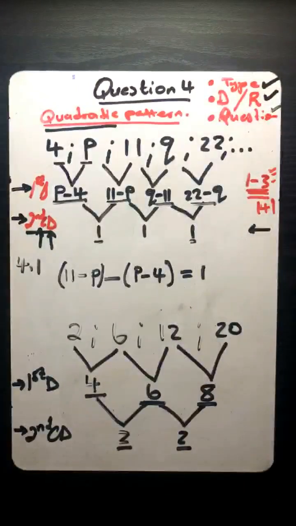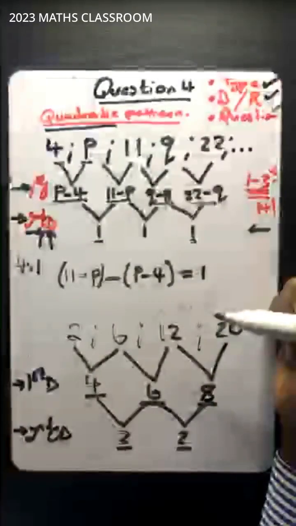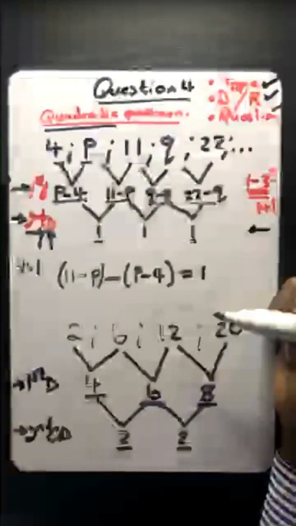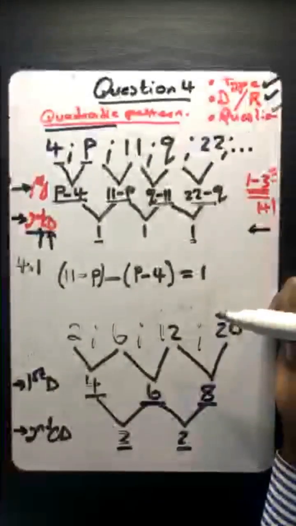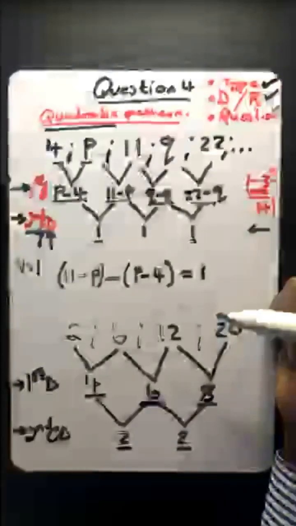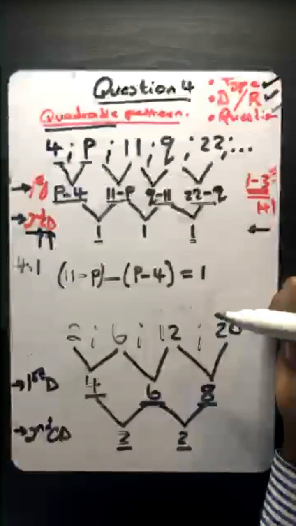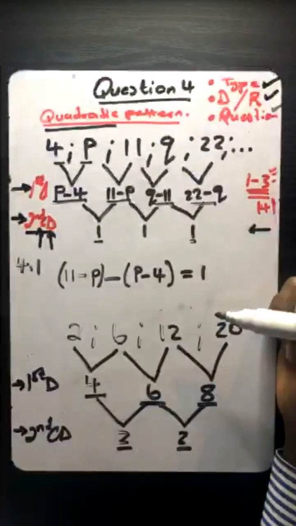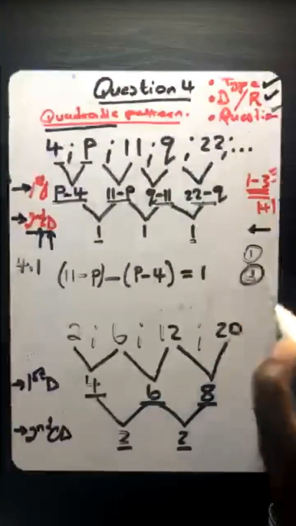When dealing with a quadratic number pattern, it's 2 in 1. Listen very carefully. When you are dealing with a quadratic pattern, it's 2 in 1. What am I saying when I say it's 2 in 1? Number 1 is quadratic. Number 2 is arithmetic.